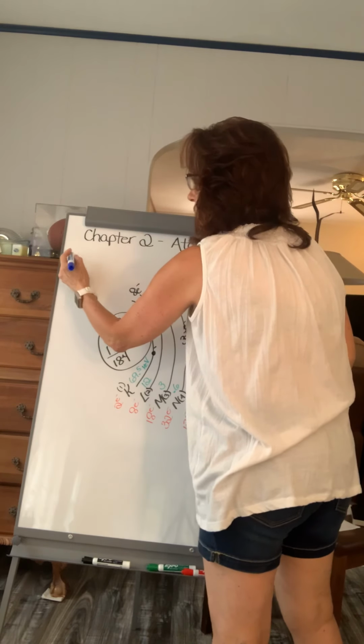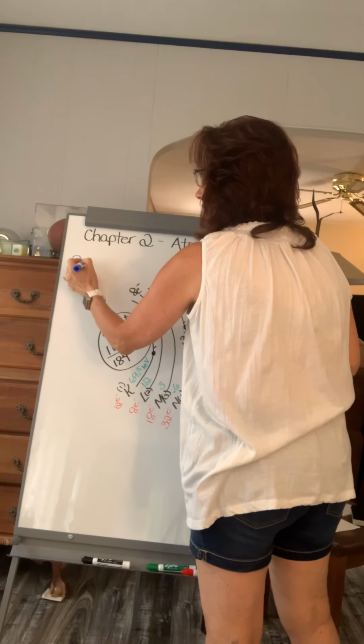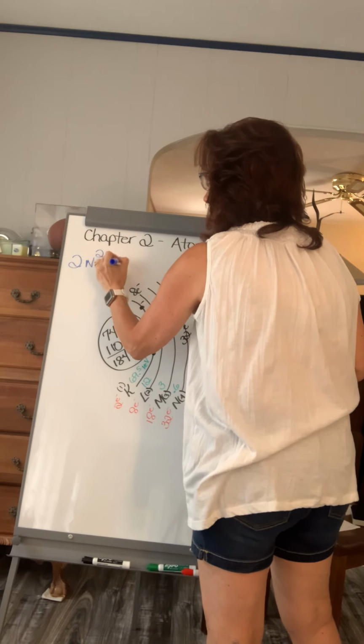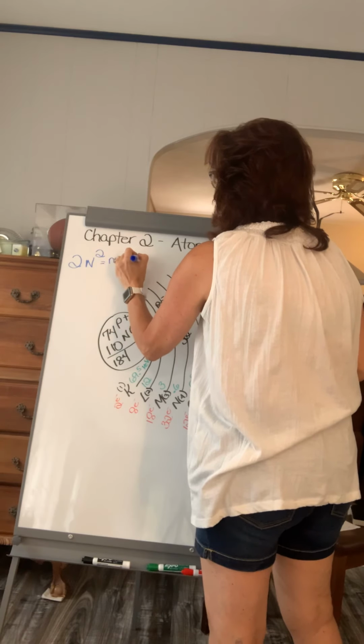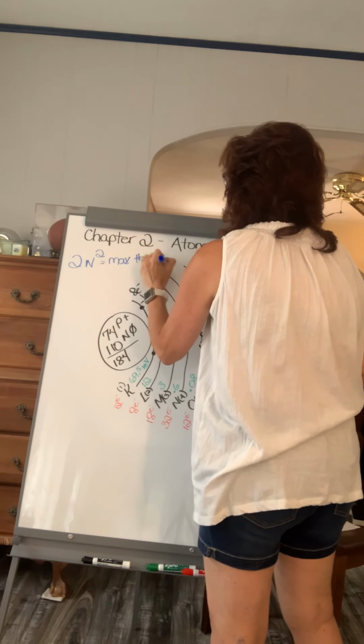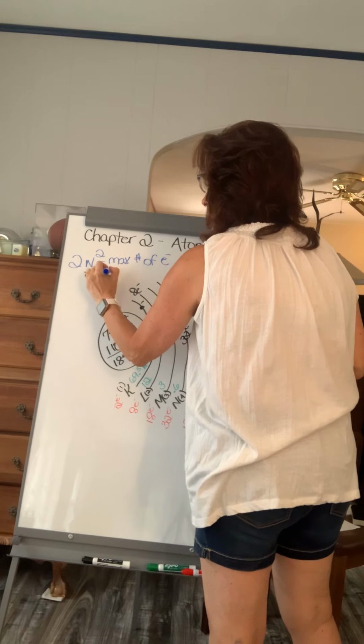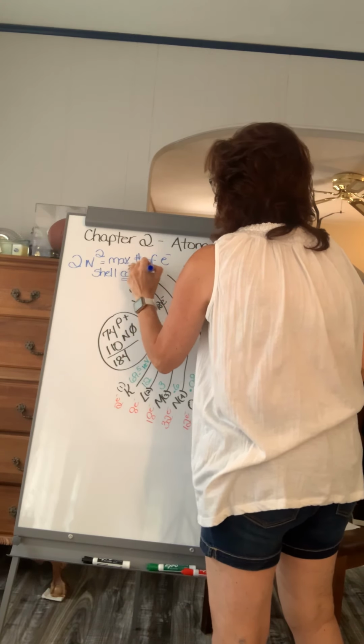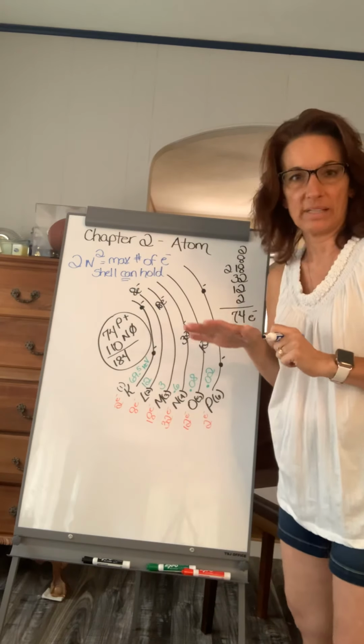So 2n squared tells you the maximum number of electrons a shell can hold. Can hold. Doesn't mean it will, but it can.